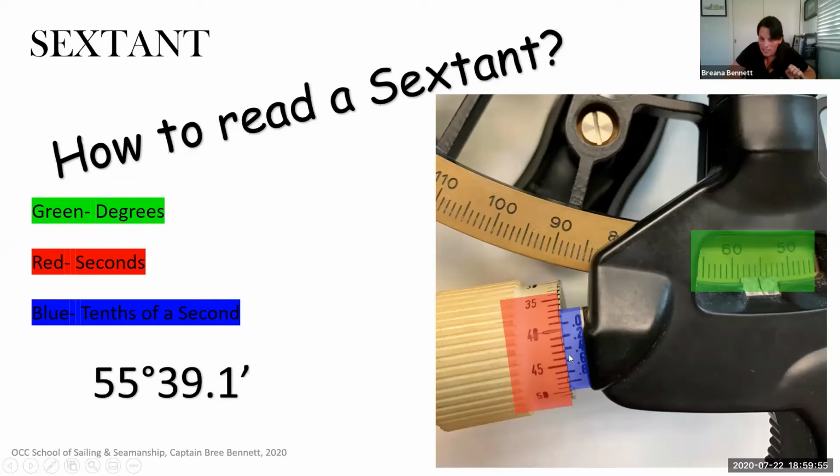And maybe my 8 lines up, but I know it wouldn't be on the 8. And it kind of lines up with the 10. So I called it 39.1, just because you can see where the 39 is and that the 0 is so close to it.